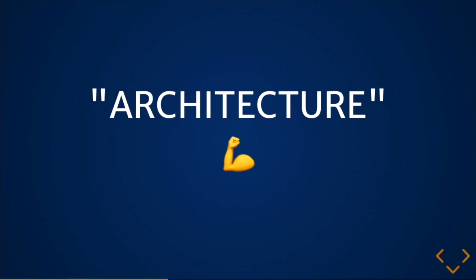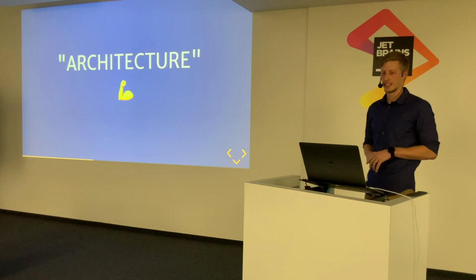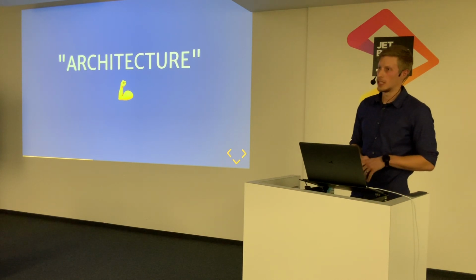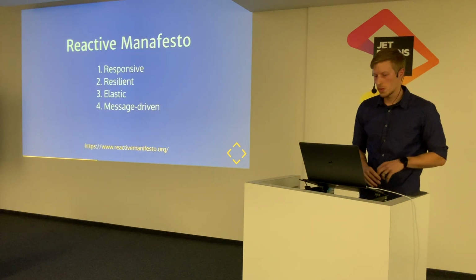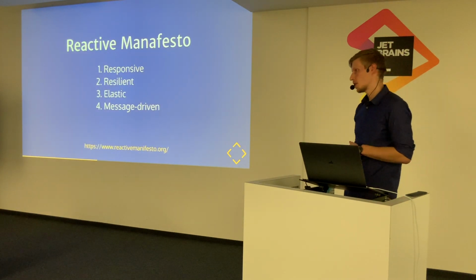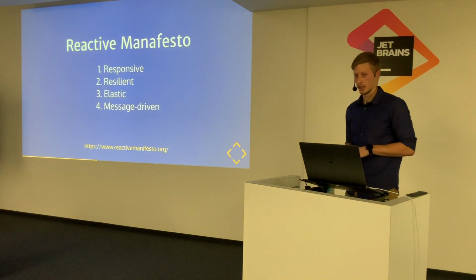So what do we do about this? Well, this is where we need architecture. Excellent, architecture will solve all of our problems. Given that everybody's here, there's one architecture that no doubt everybody immediately thought of, and that is the reactive architecture.